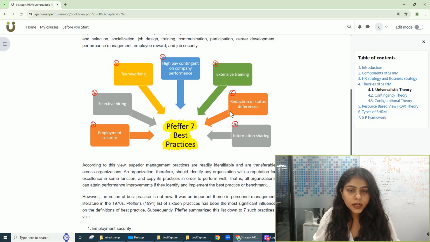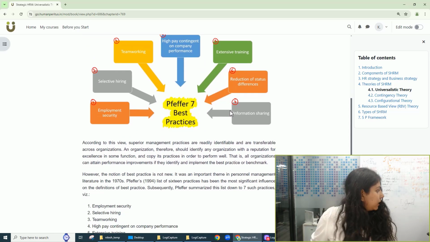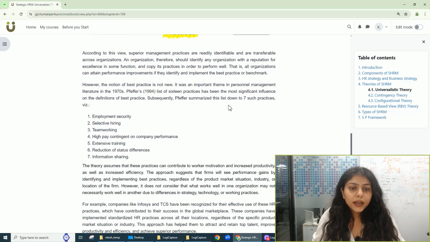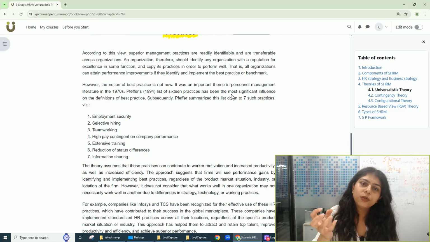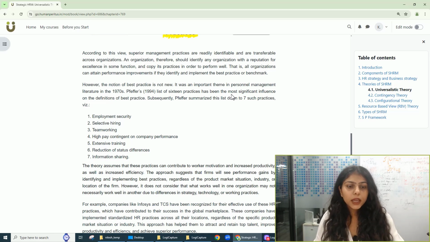Now, here are 7 best practices that are listed. These 7 best practices are employment security, so giving security to your employees; selective hiring, hiring only the people who are skilled enough to do the kind of job and possess the skills that you're looking for; teamwork; high pay contingent on company performance; extensive training; reduction of status differences; and information sharing.